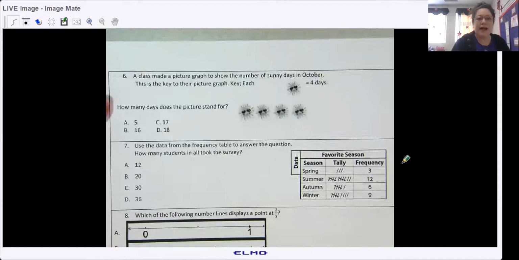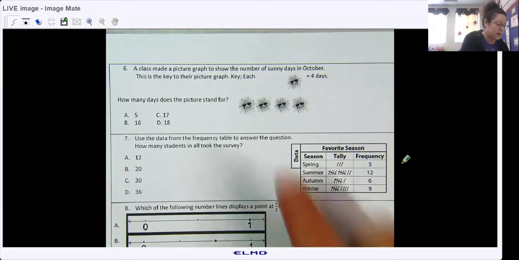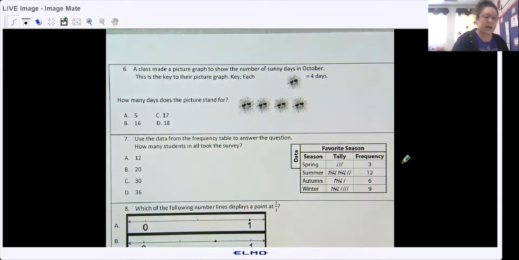Okay, page 2. A class made a picture graph to show the number of sunny days in October. This is the key to their picture graph. Each sunshine represents 4 days. Okay, so each one is 4. How many days does the picture stand for?